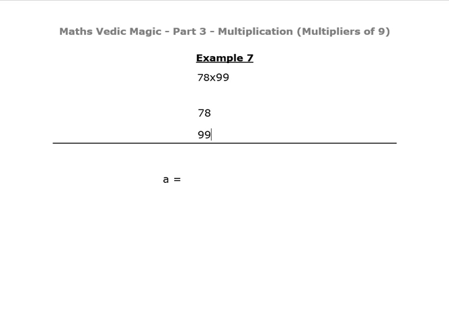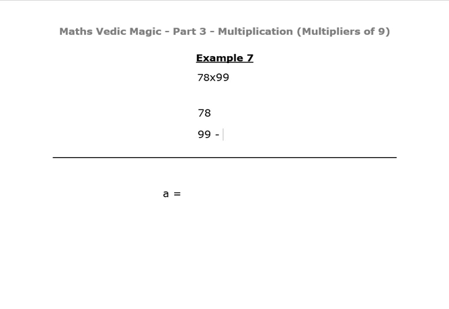Actually, you can say that it's a slightly special version of the technique that we learned in part 1, because in part 1 we had to do the deficit from the base 10. But here the base is already kind of given because it's 99, so the base is pretty much 100. If we just recollect the technique, you write down the deficit on the right side of the numbers.